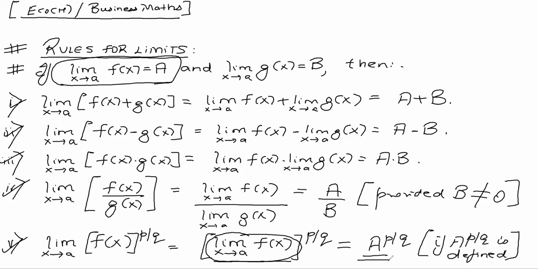Okay. So now let's move forward, guys, and let's write the sixth property, the sixth rule. Limit as x tends to a, limit of a constant is the constant itself. So I can write, where c is any constant.